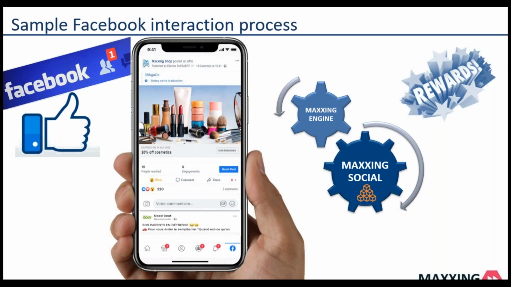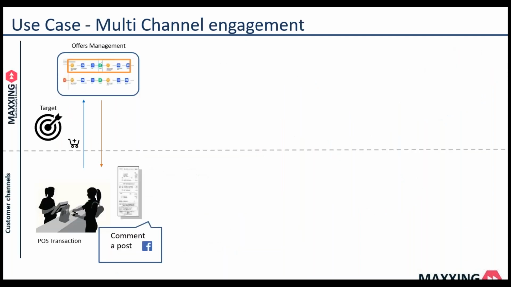Let's talk about a more detailed example. As I said, you can just track the information and then segment your audience and consumers depending on their level of interaction on Facebook and Instagram.